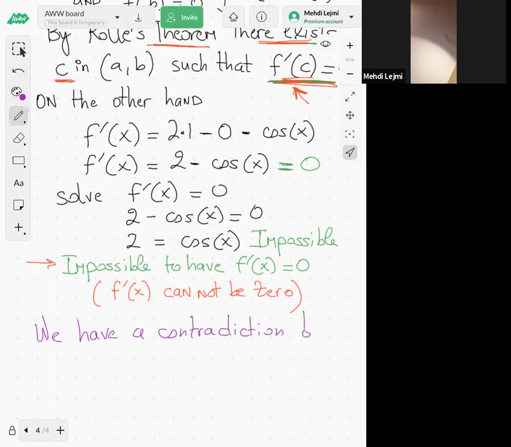Again, why do we have a contradiction? Because Rolle's theorem says there is a c such that f prime of c is 0.